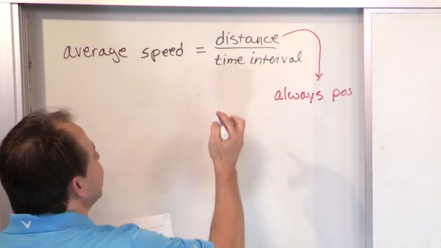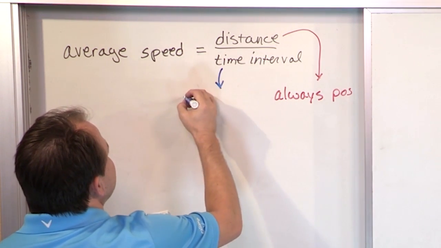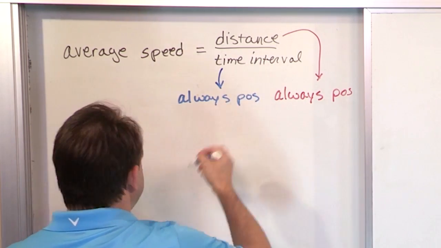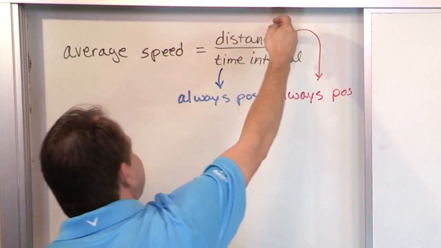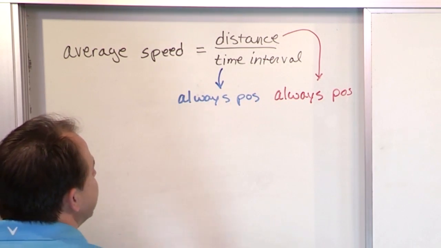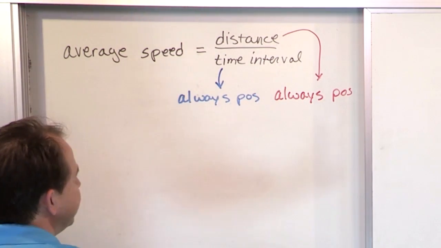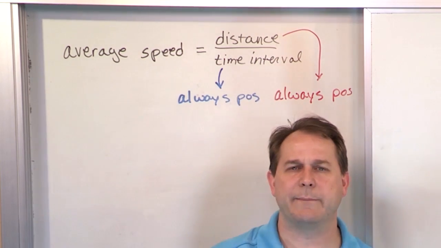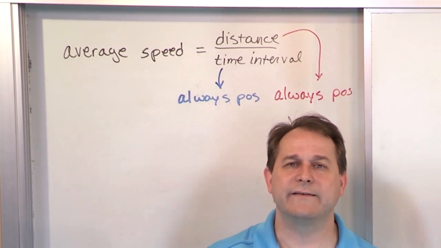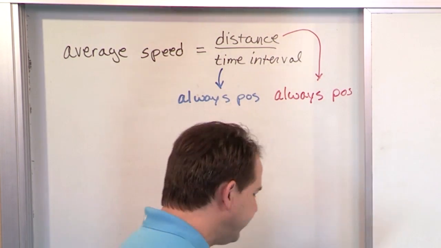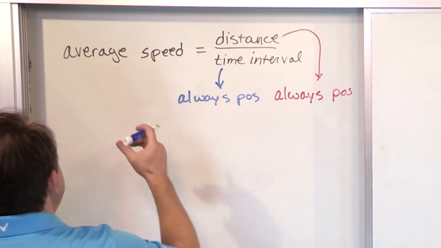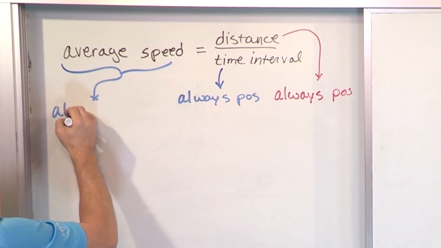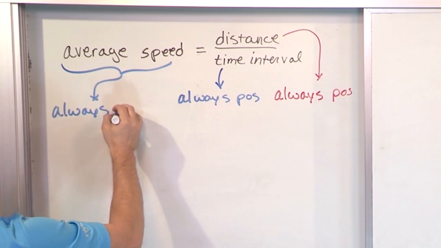So the bottom number here is always positive. If I take a positive number, the distance I travel, and divide it by a positive number, the time that it takes, positive divided by positive is always going to give you a positive number. So what this means is that the average speed as a quantity is always positive.